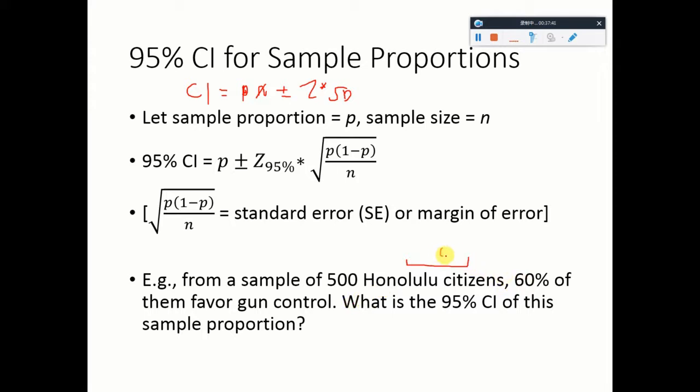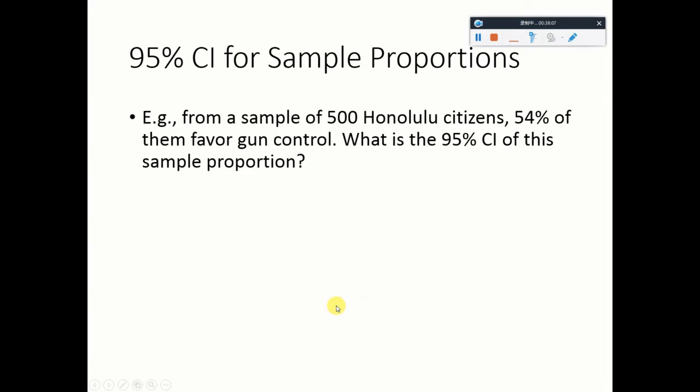It could be 60, I know it's a good guess, but what is the extent to which the true proportion, the proportion from the population, will fluctuate around 60%? So what do we do? Easy. This is our question, and this is our formula.